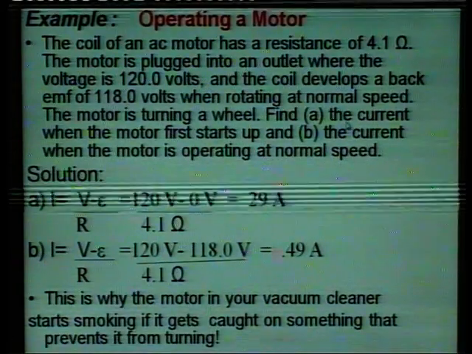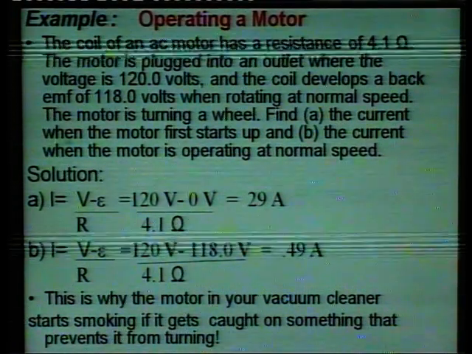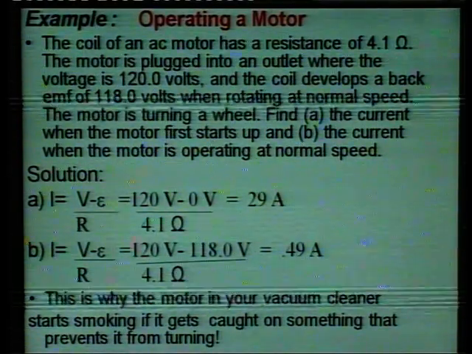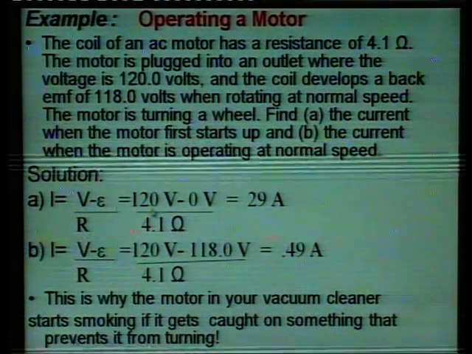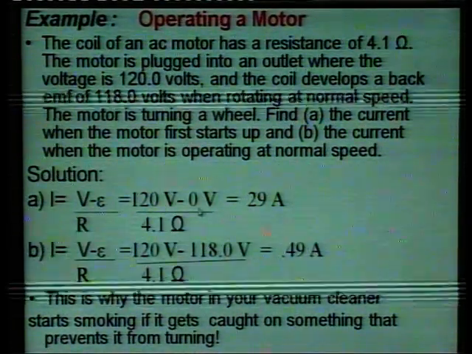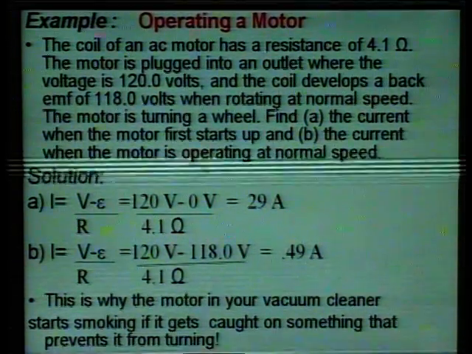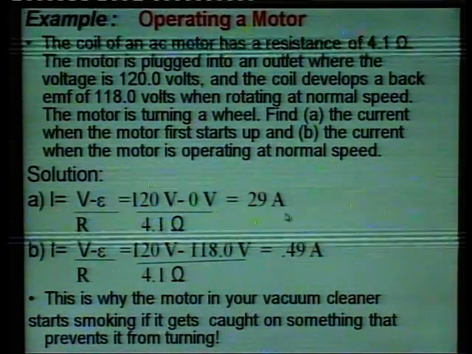So I is V minus E upon R, that is 120 volts minus 0 divided by 4.1 ohm. Resistance is given to be 4.1 ohms. Solving this, I comes out to be 29 ampere.